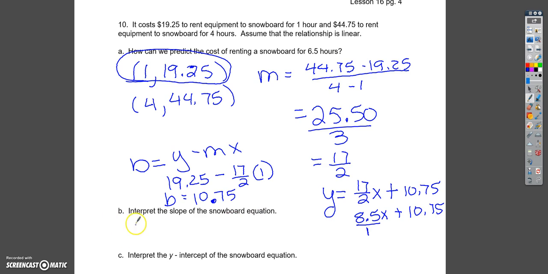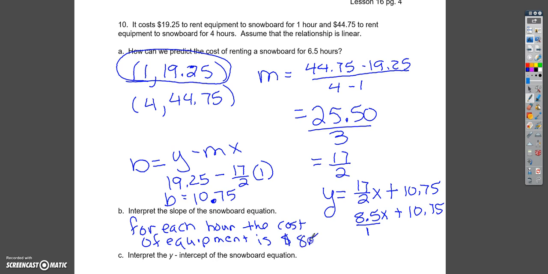We could look at that as for each hour the cost of equipment is $8.50.